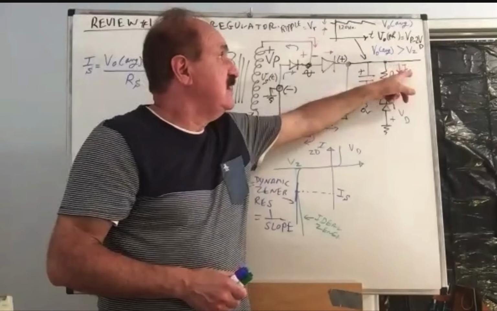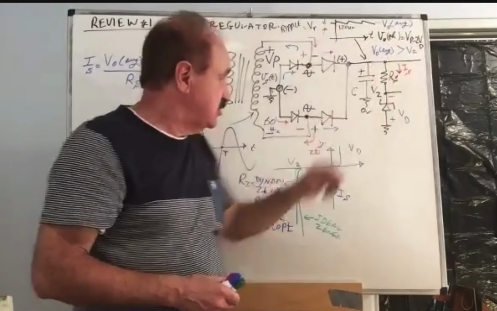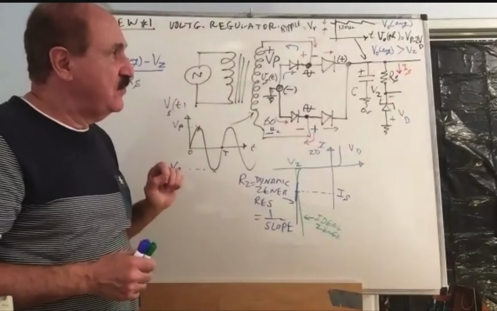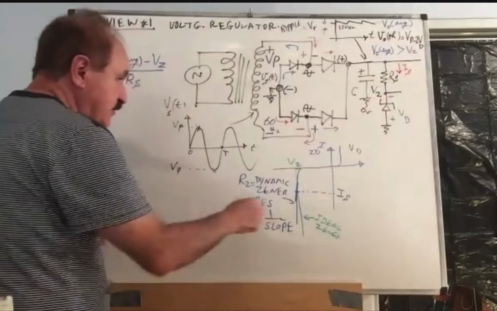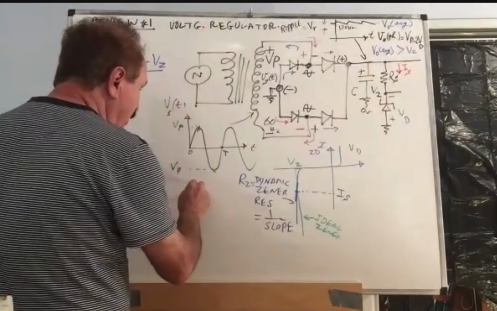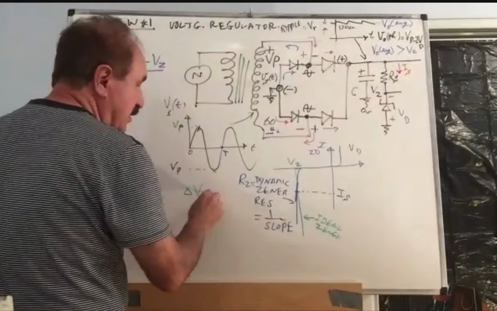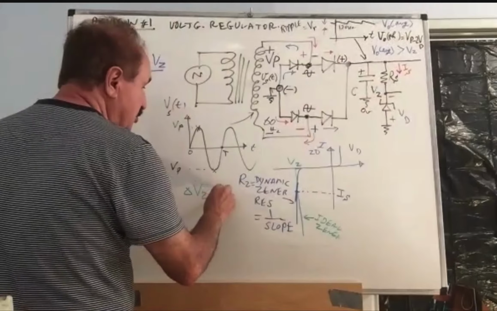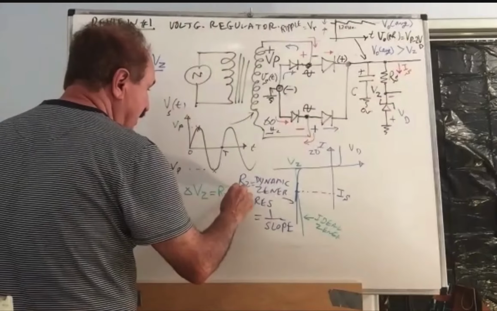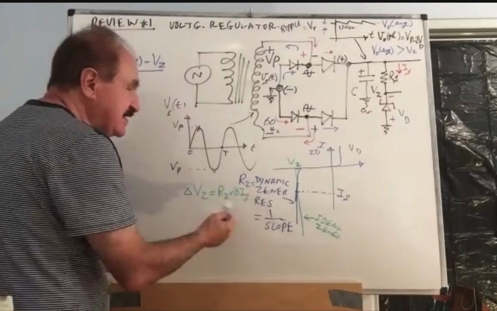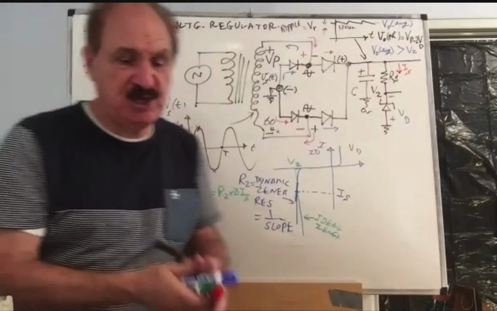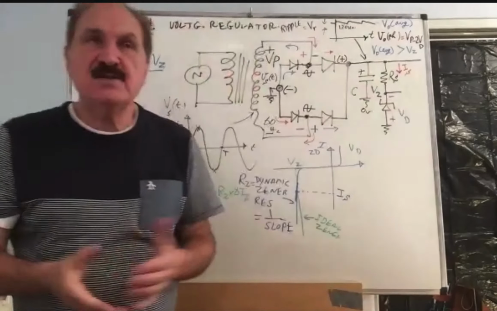Delta of IS multiplied by RZ will give you the change in the VZ. So you can say here, delta of VZ is going to be RZ multiplied by delta of IS. By delta, it means the changing current.